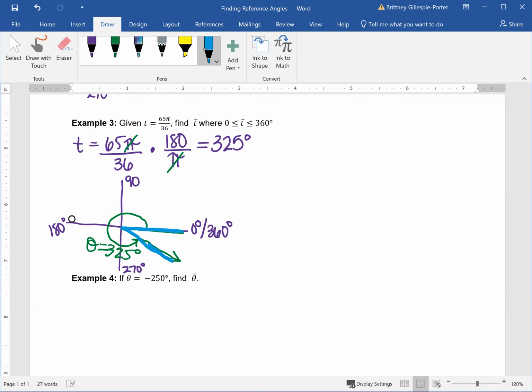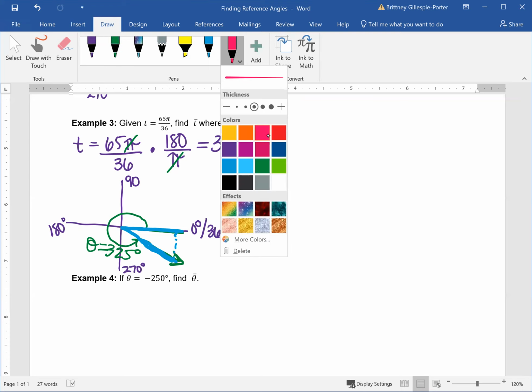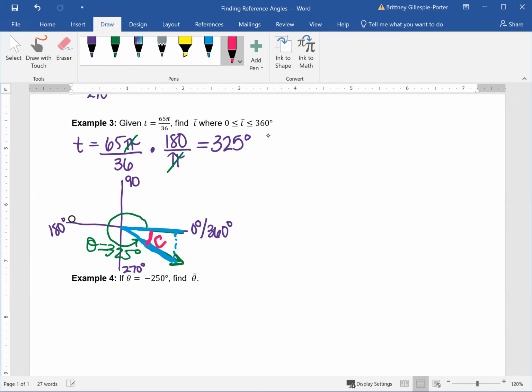So again, if I was drawing one of my triangles along this ray that 325 produced, I want to know what's going on inside here. What would create my triangle inside? To find our reference angle, we would be coming up to 360.